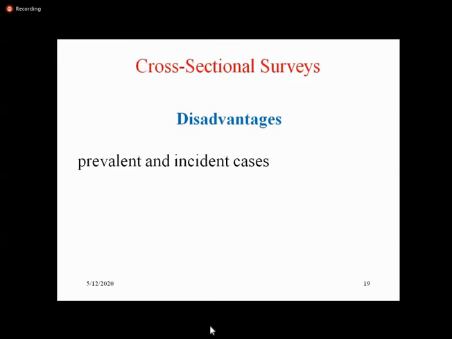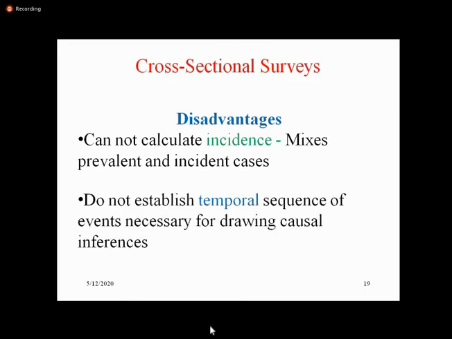Disadvantages: cannot calculate the incidence and do not establish the temporal sequence of event. The temporal sequence, that word temporal means how much time is taken by a risk factor to cause some type of disease. Suppose I give you an example, someone is starting smoking from today, so he will not get cancer within 1 year.